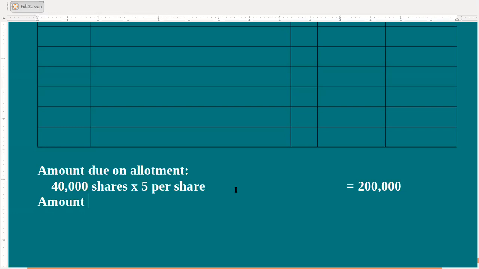Amount will be received. How to calculate that one?